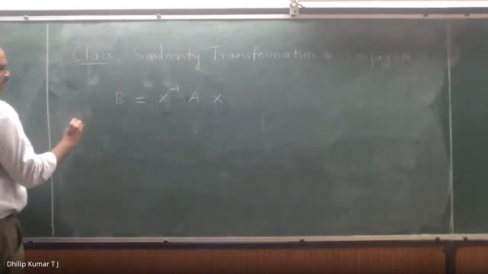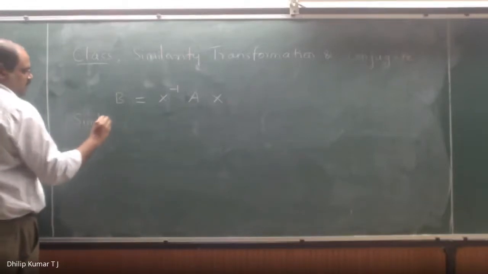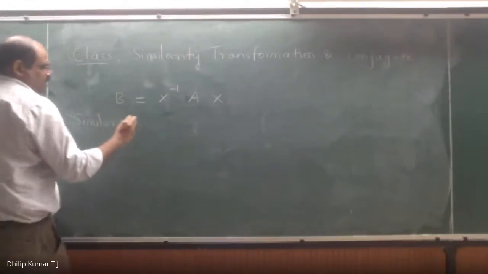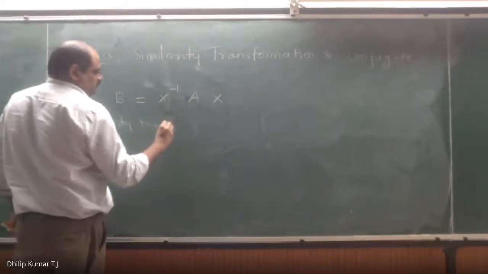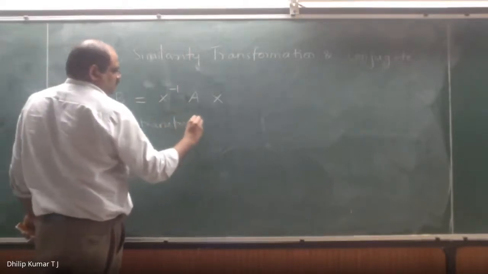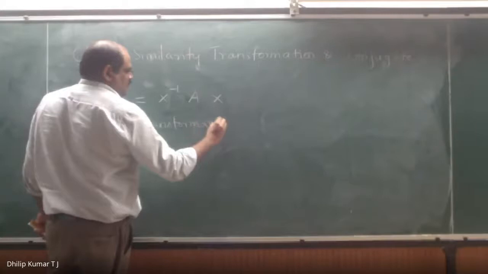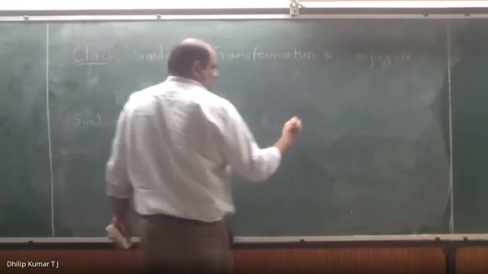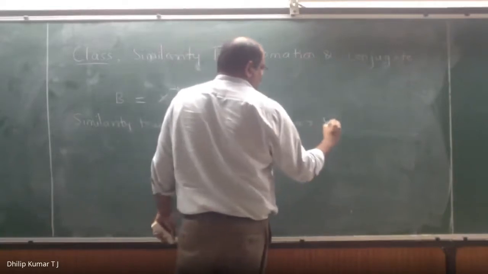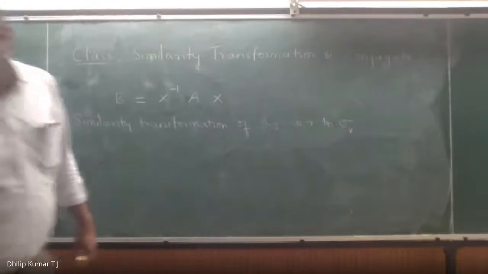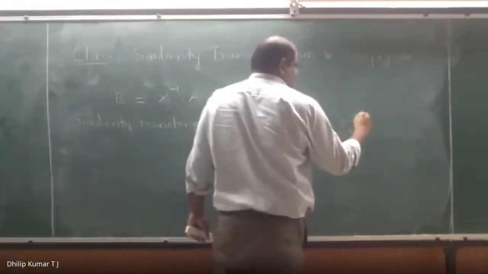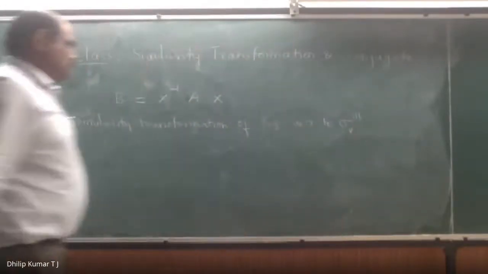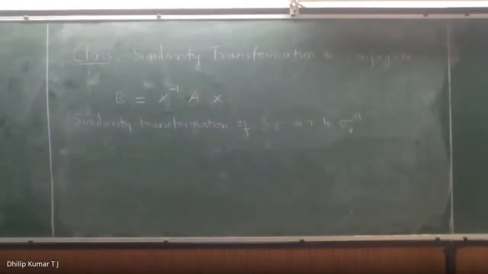So similar transformation of C3 with respect to sigma V. Which one do we take? Sigma V triple prime. Say you are asked to find out the similar transformation of C3 with respect to sigma V triple prime.